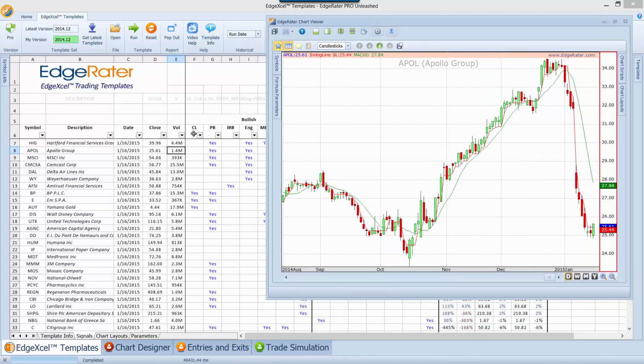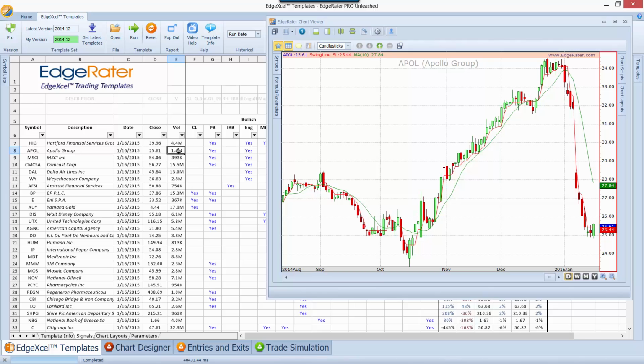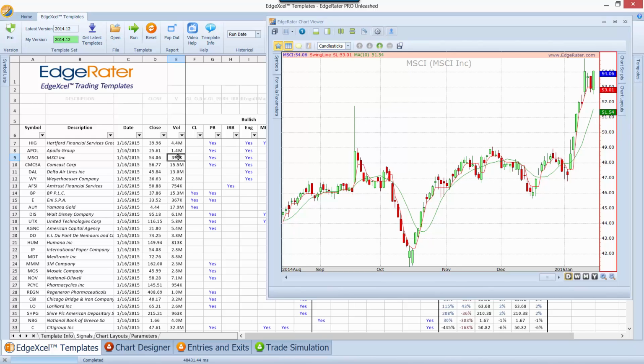So let's take a look at a couple more of those. So another case: there's a doji 2 bars ago or 3 bars ago, and then the current bar closed above the high of the doji bar. Another case here. In this case, this is a stock that has been going up.